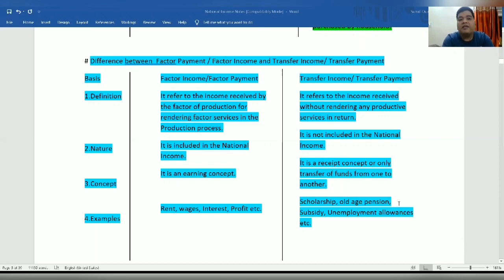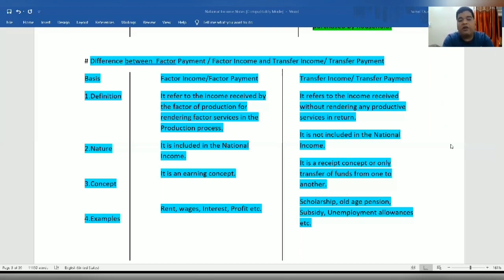So basically the income received by the factor of production for providing their factor services in the production unit, that income or payment is called factor income or factor payment.